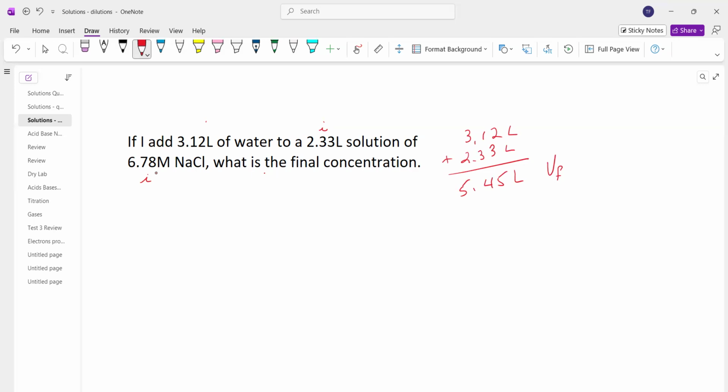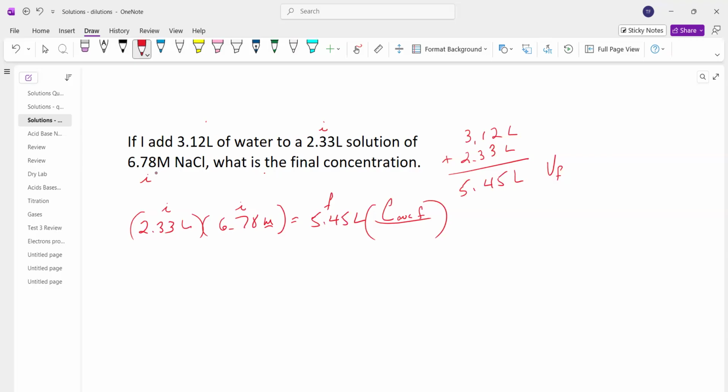Okay, so we've got 2.33 liters times 6.78 molar. So this is initial. Final volume is 5.45. What we don't know is the concentration of the final dilution.